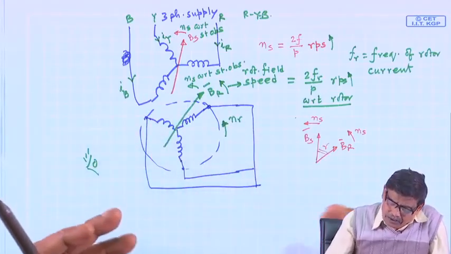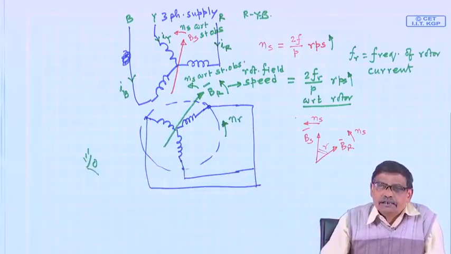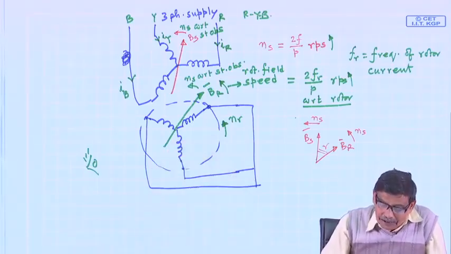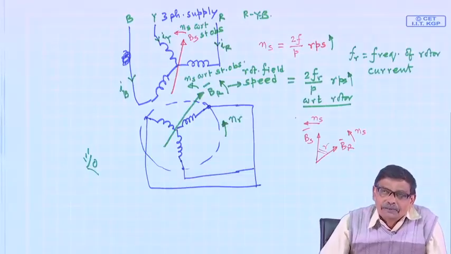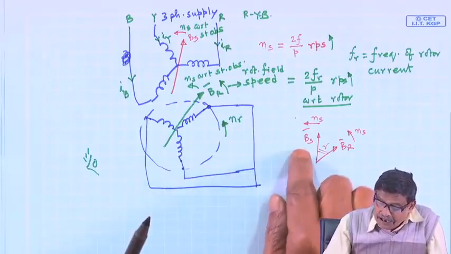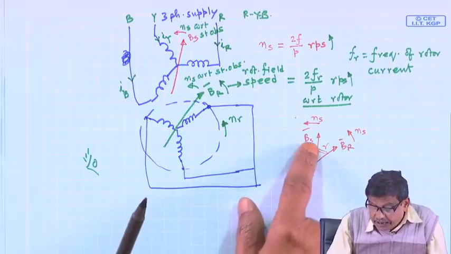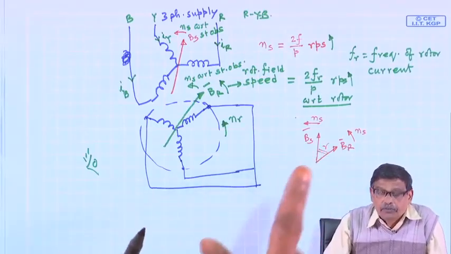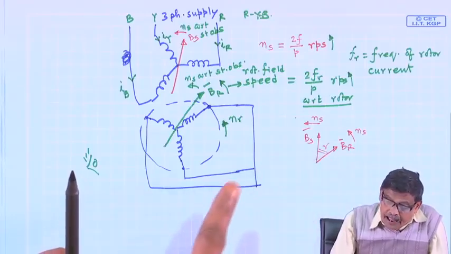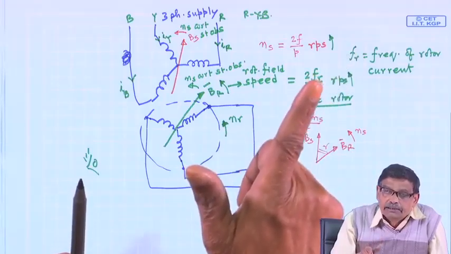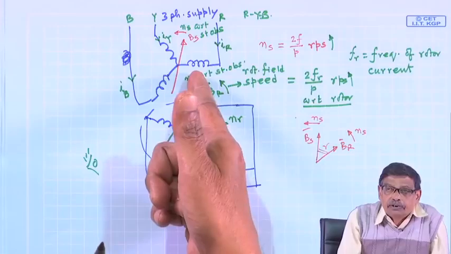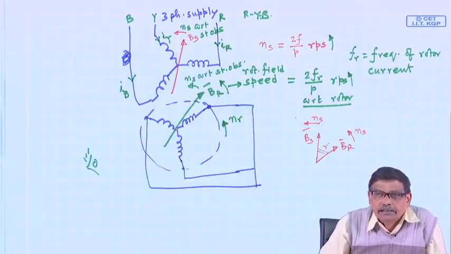Then you have to add those two phasors. Of course, they will be of the same frequency f, but you have to do those things. Instead, what is suggested is that I add Bs and Br, because it is meaningful, as the angle between them is constant. I get B net, the resultant field in the air gap, and due to B net you calculate the induced voltage. In one stroke you get everything.